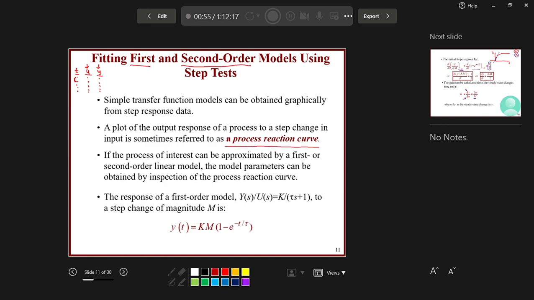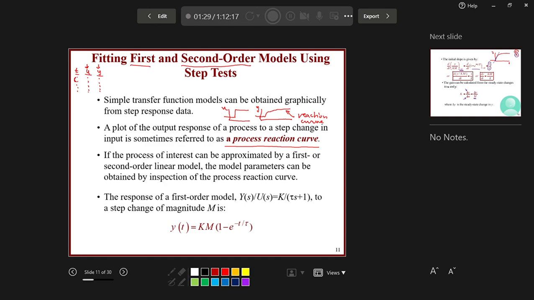Basically, the process reaction curve is simply introducing a step change in the input and collecting the output. This is called the reaction curve, which represents the dynamics of the process. So this reaction curve can be approximated with a first or second order model.